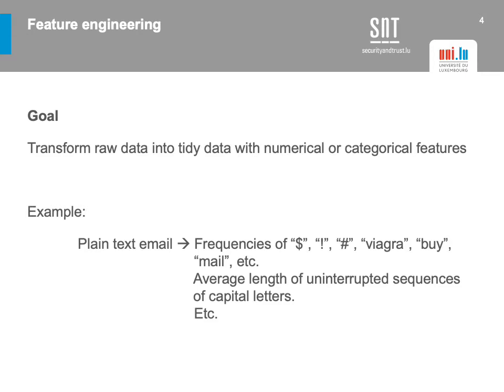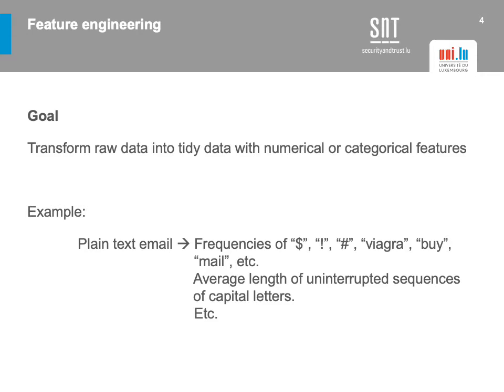So if I take the example of a spam filter, what we have at the beginning is a formatted email with a topic, with a title, with a body that may be HTML, that can have some formatting, and we have a from, a to, email address, we have a lot of different metadata also. So this is raw data.